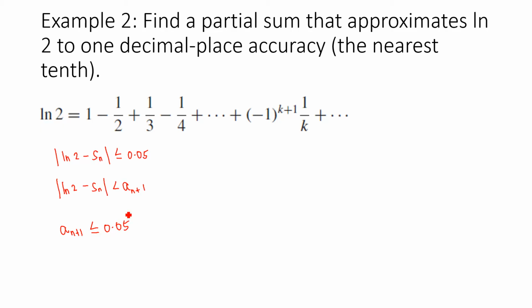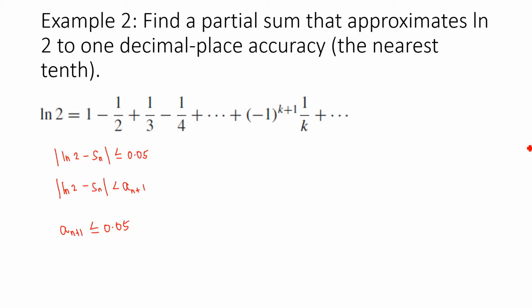One way to find n is to use a calculating utility to obtain a numerical value for a sub 1, a sub 2, a sub 3, and so on until you encounter the first value that is less than or equal to 0.05. If you do that, you will find out that a sub 20 is exactly equal to 0.05. This tells us that the partial sum S sub 19 will provide the desired accuracy.